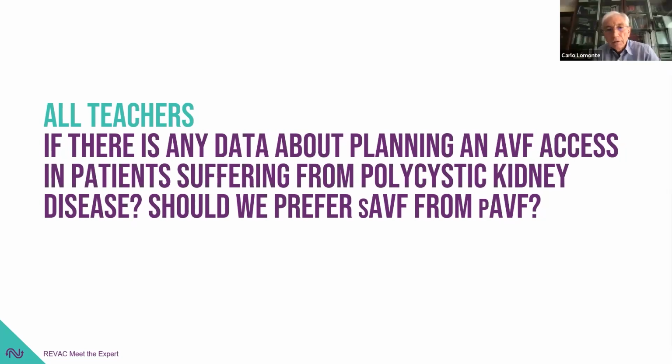I think because polycystic kidney disease patients have low diameter arteries and veins, so I think it's not possible to create an endo-AVF in these patients, because the criteria are many. The diameter of the perforating vein should be 2 millimeters.